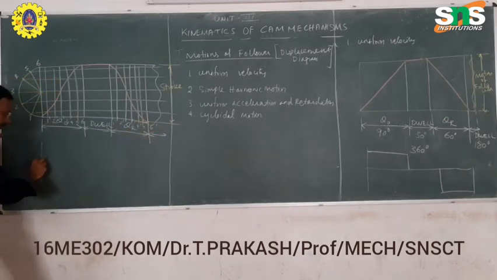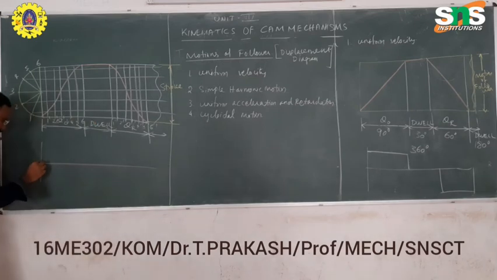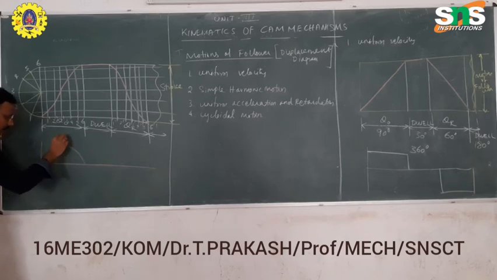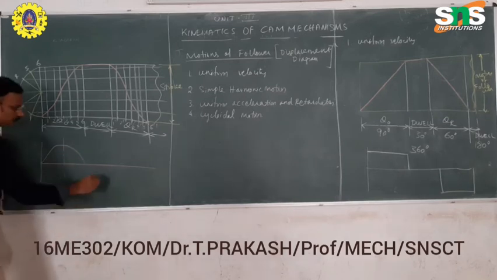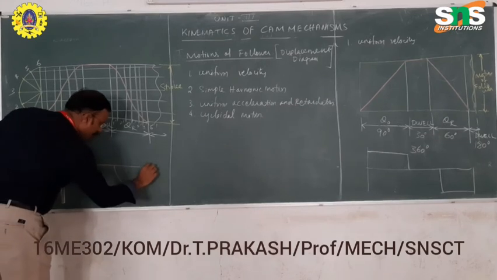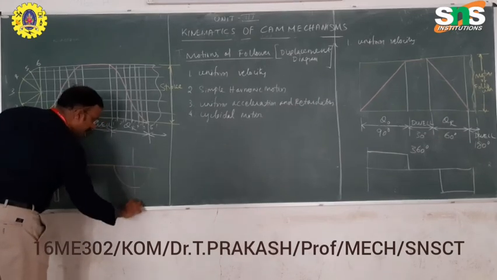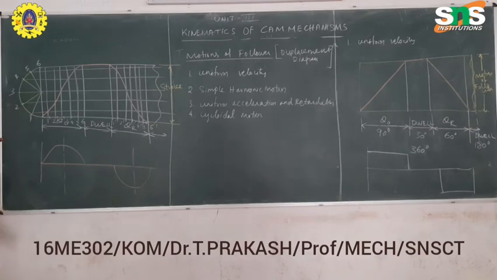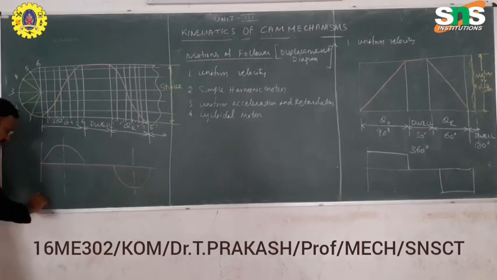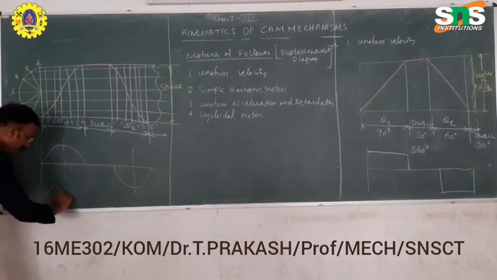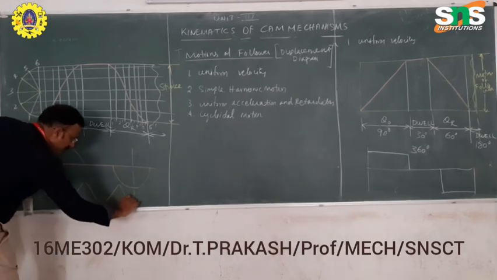Therefore, when you draw the velocity diagram, we can see that the motion of the follower takes place in a smooth manner. There will not be any noise in the follower. It takes the acceleration; we can see a smooth nature of this acceleration.